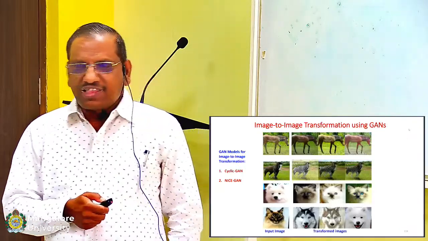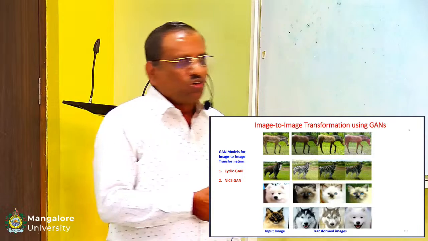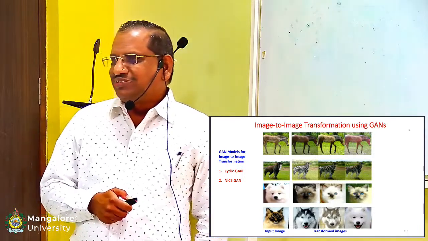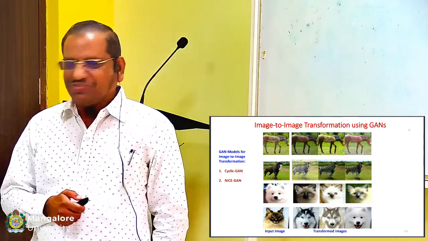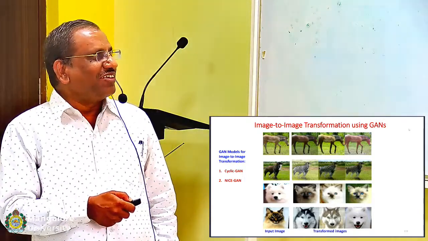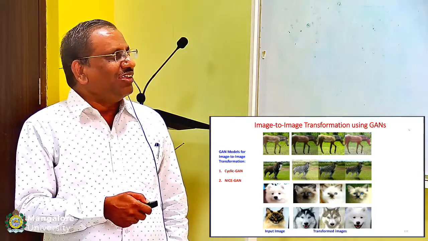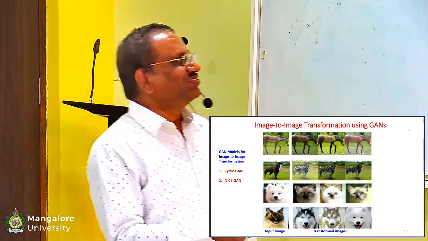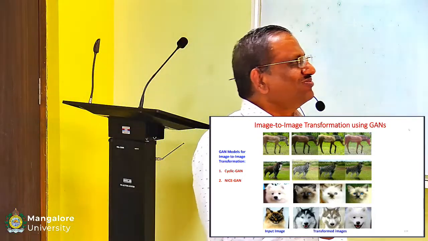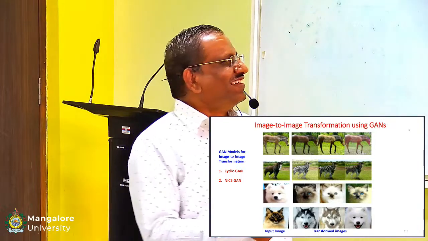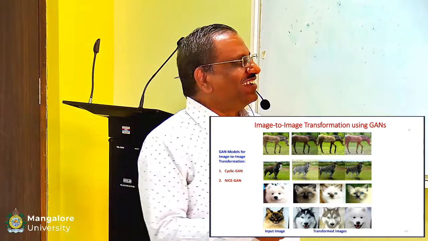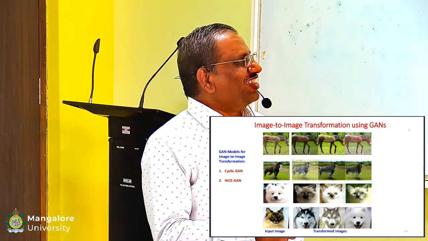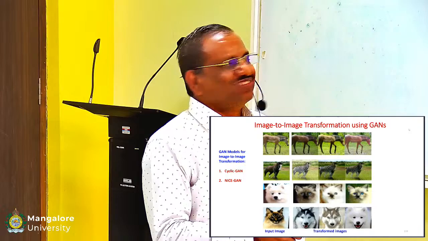And another interesting task is to go from one domain of images to another domain of images, but they are somewhat related, right? Like here, what are the animals that are present here in the top row? They are all supposed to be zebras, right? And what you are generating are the horses for them.